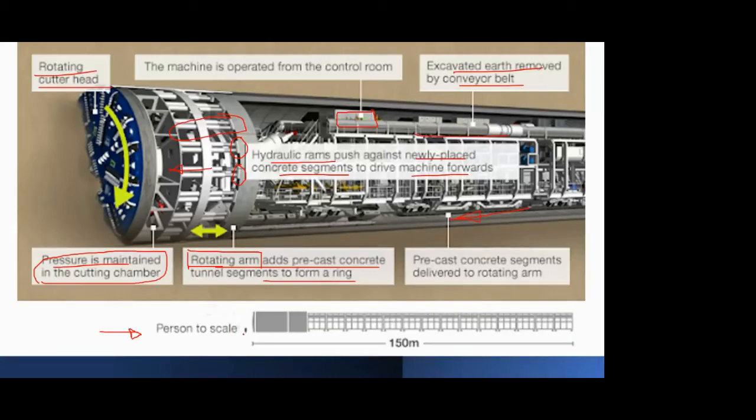You can see a small dot over here. They have scaled it to show the size of this tunnel boring machine. That small dot is a single person. Compared to that, see the size of the TBM. So you can imagine the humongous nature of this machine itself.